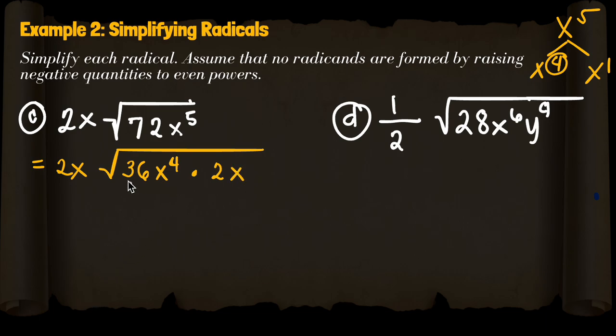x. Again, 36 times 2, that is 72. 36 is a perfect square. x raised to 4 times x, that is x raised to 5. x raised to 4 is a perfect square as well.